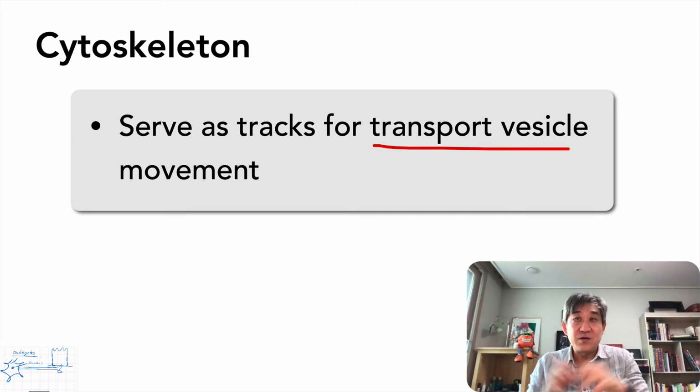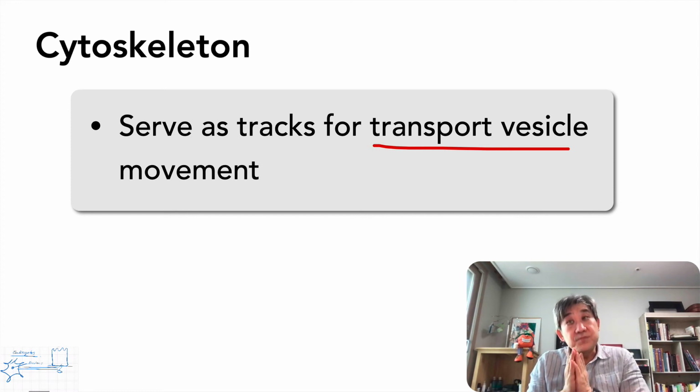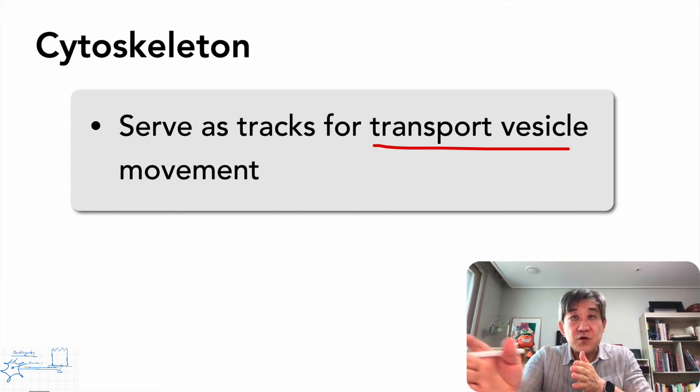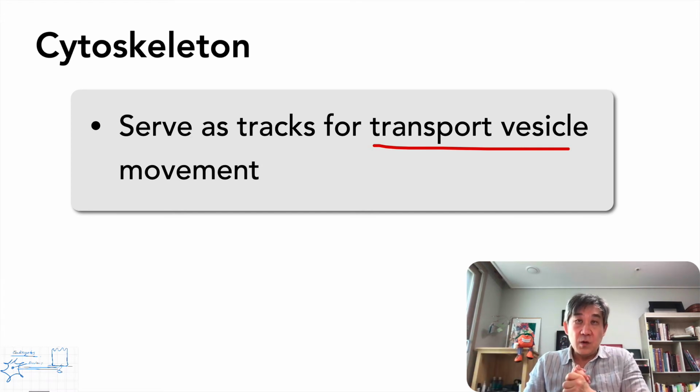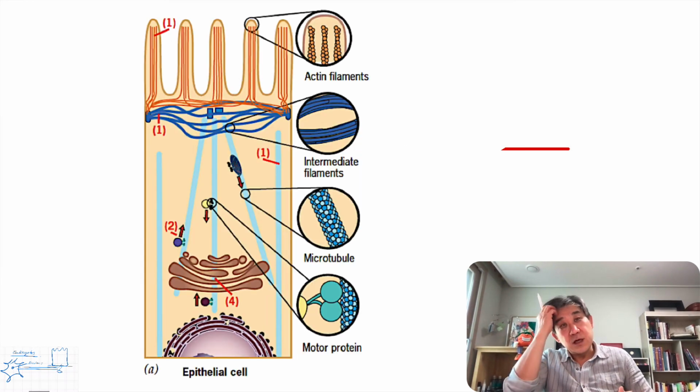No, it's not. Actually, they are walking. Each transport vesicle is walking along specific cytoskeleton proteins, as if that protein is a kind of road upon which the transport vesicle can walk. An extremely important function, isn't it?